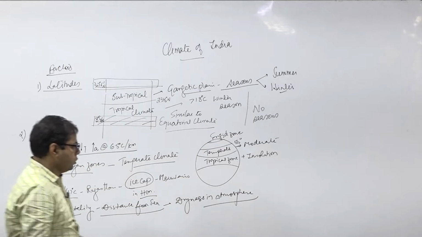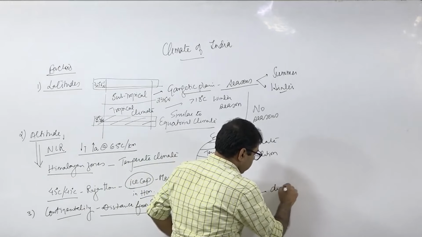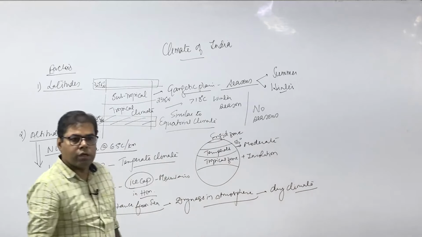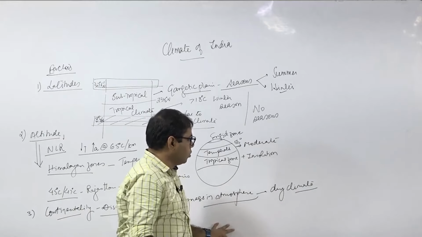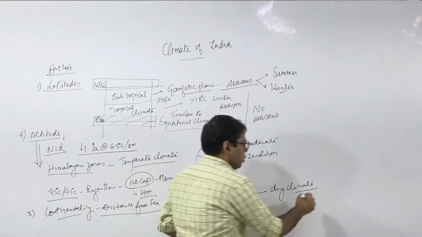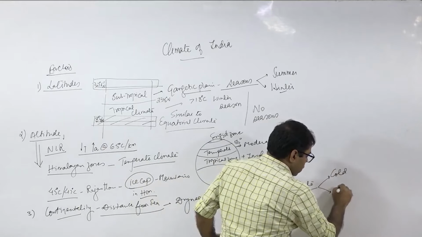Right? So means there will be more of a prevalence of dry climate. Clear or not? The more we go away from the coast, the more the dryness starts prevailing, developing the dry climate. So dry in the sense of cold, dry in the sense of warm.